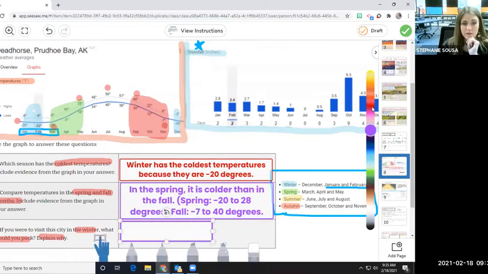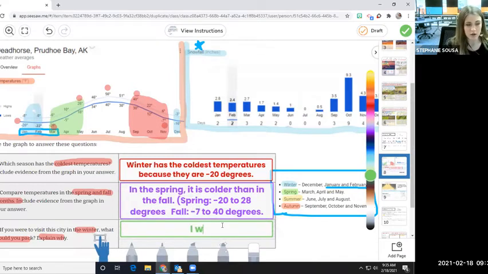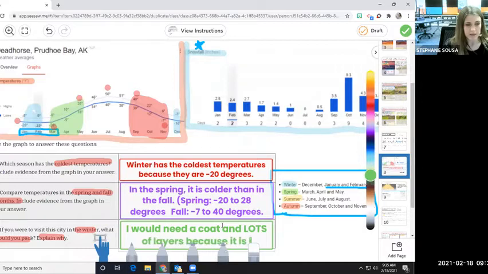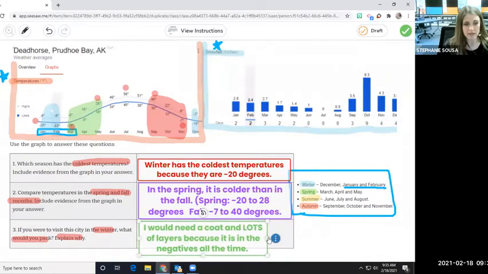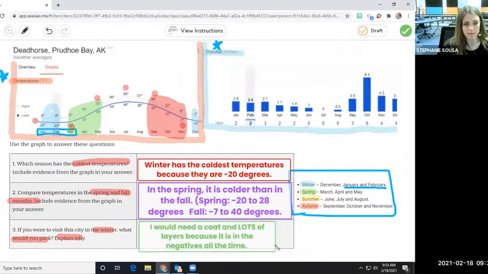Okay. So if I were to go visit this city in the winter, I would definitely need to make sure I packed some warm clothing items. So if I were to visit this city in the winter, I would need a coat and lots of layers, because it is in the negatives all the time.